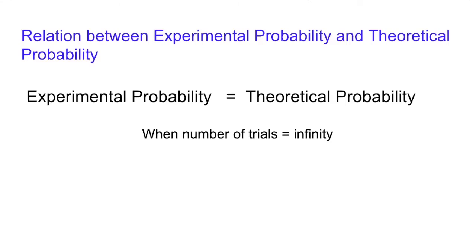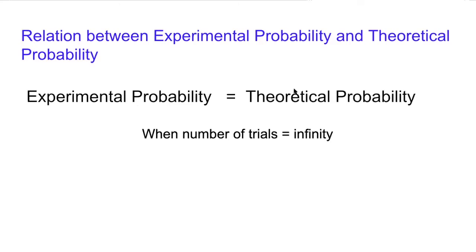But it turns out that if we increase the number of trials to infinity, which technically should never end, or even if you do it many times, like 1 crore times, then experimental probability will become close to theoretical probability.